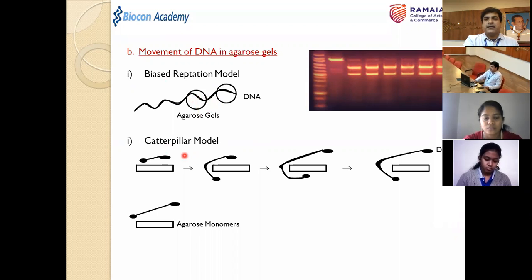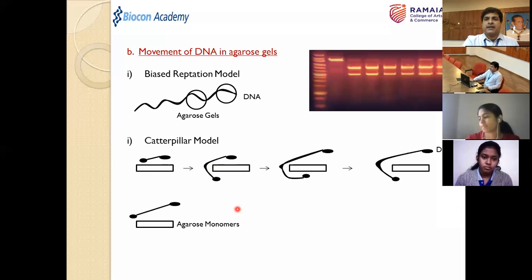In this, DNA forms head and tail structures, and it gets extended, a kind of pulling, and like a caterpillar, in this way it moves through the agarose gels. So these two models were proposed for DNA movement during agarose gel electrophoresis.